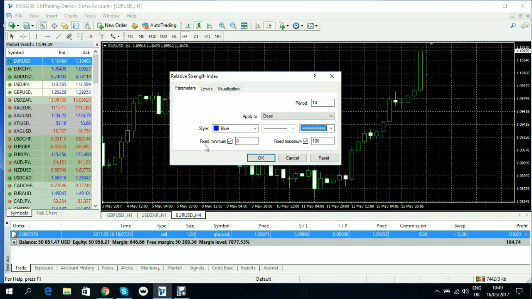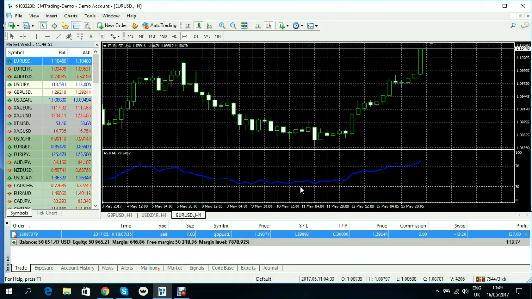It is fixed minimum 0 and fixed maximum 100. Then we click OK. So here we have the RSI 14, which comes in this line. It comes in this form.